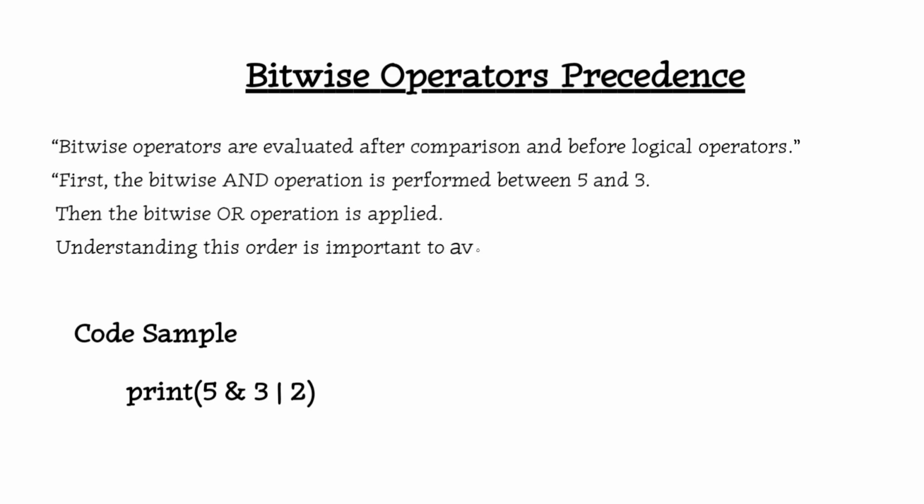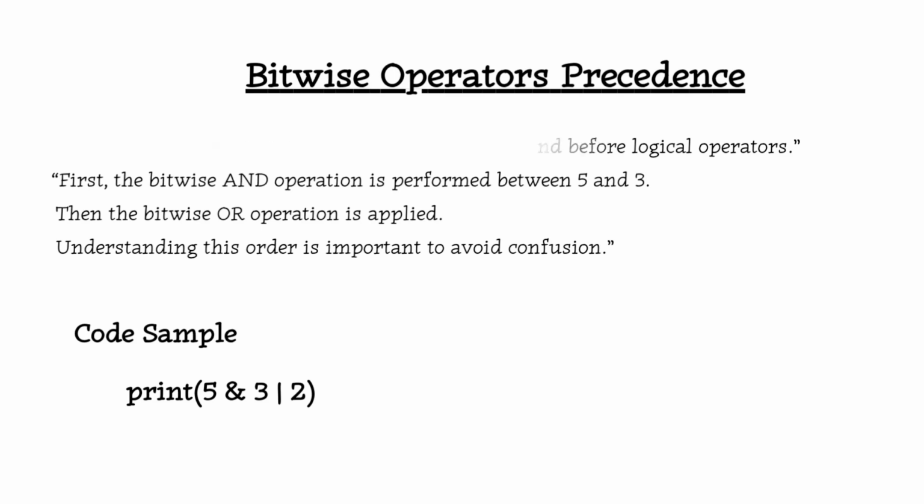First, the bitwise AND operation is performed between 5 and 3. Then the bitwise OR operation is applied. Understanding this order is important to avoid confusion and mistakes with bitwise operator precedence. This is how it works in Python.